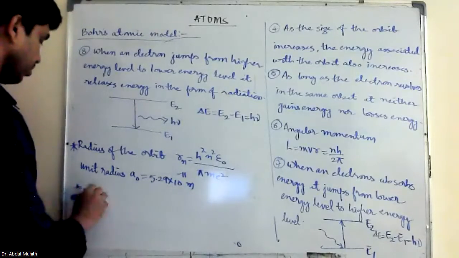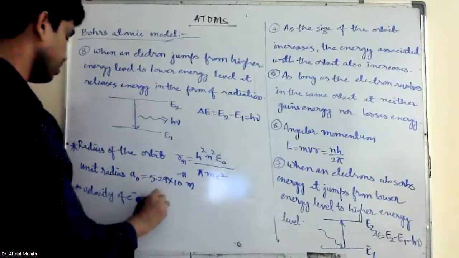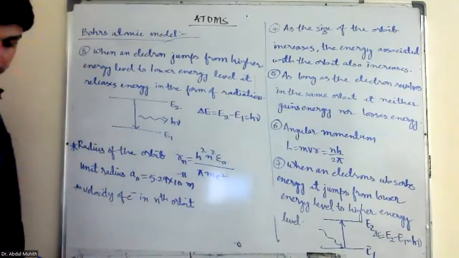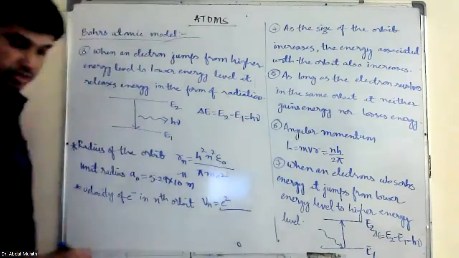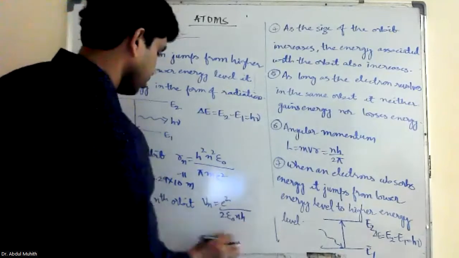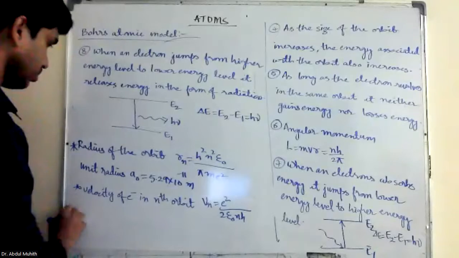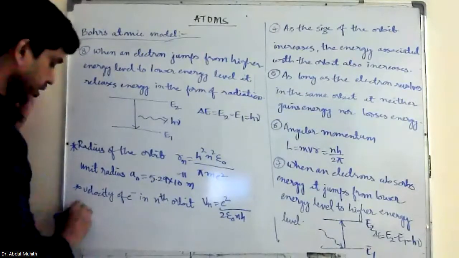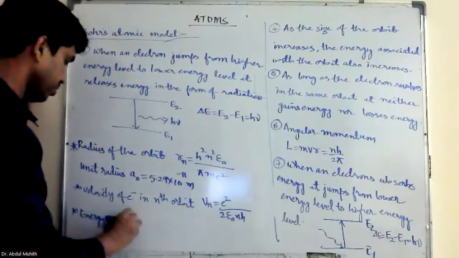Second, the velocity of the electron in the nth orbit. That is Vn is equal to E square by 2 epsilon 0 nh. Third one is the energy of the nth orbit.